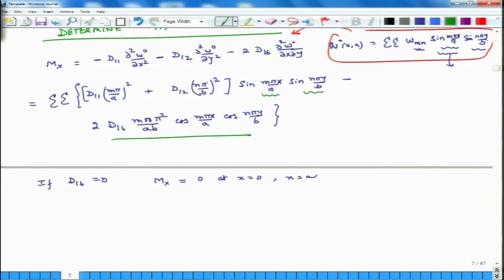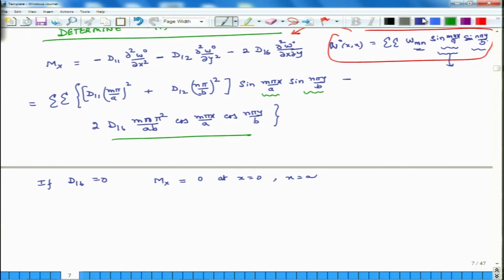So the Mx condition is satisfied. Similarly, if we want to compute My, we will find that if D26 was 0, it will remain 0 on the y is equal to 0 and y is equal to b edges.